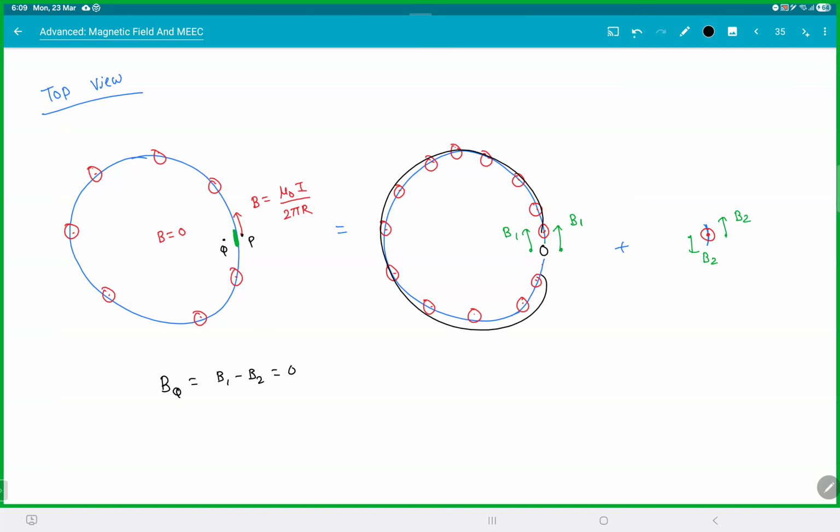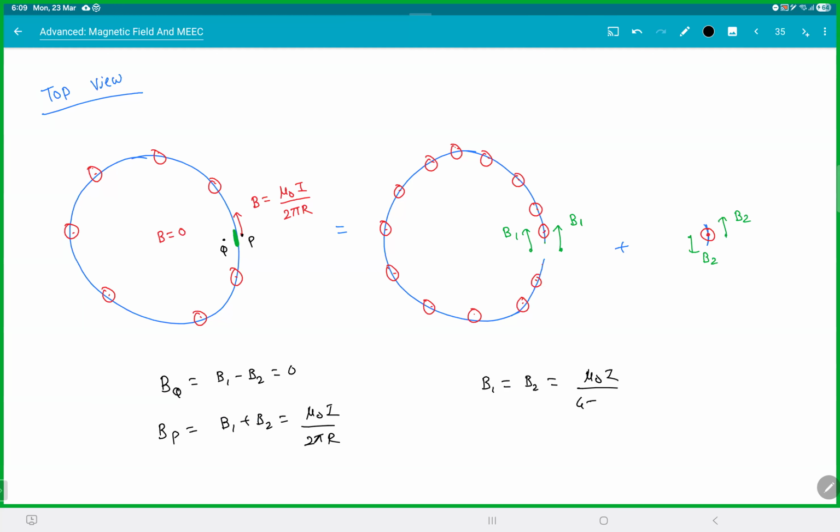That is the reason the whole field becomes 0: the moment you place that small segment, the field inside becomes 0. We also know the field at point P is B1 plus B2, equal to mu naught I by 2 pi R. So we get B1 equal to B2 equal to mu naught I by 4 pi R.